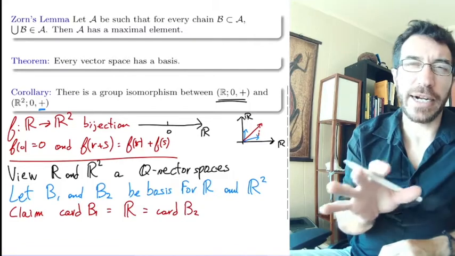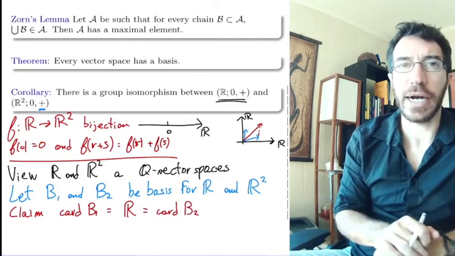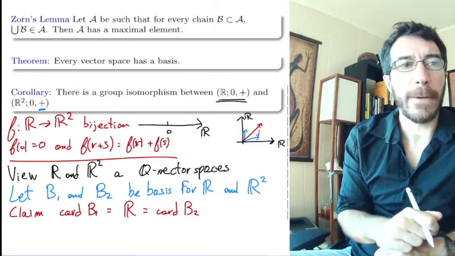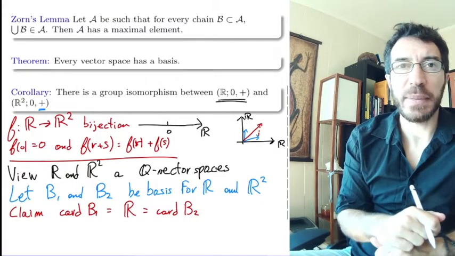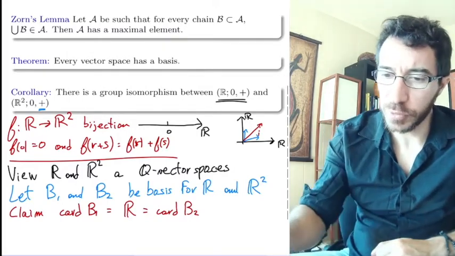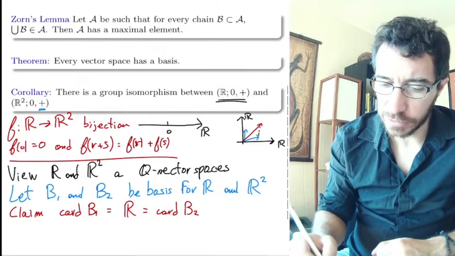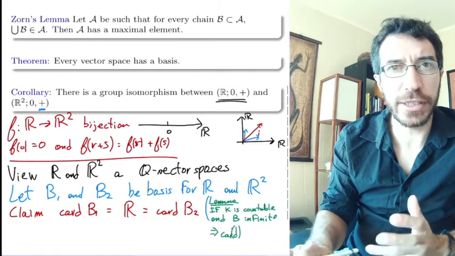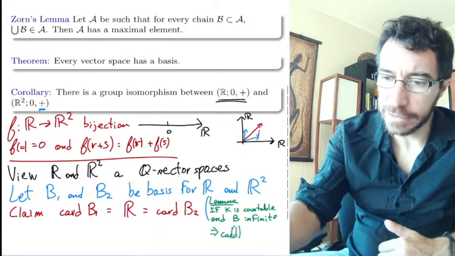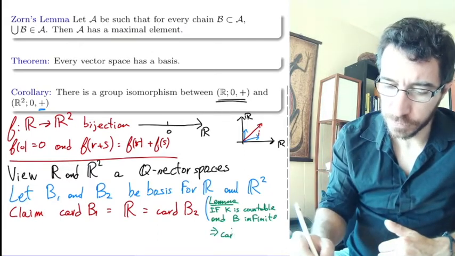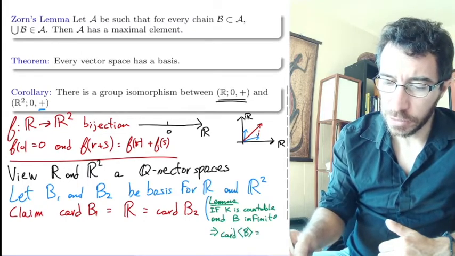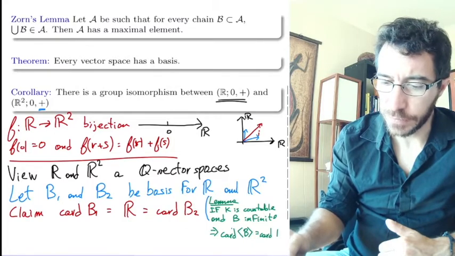Right, so we know that R and R squared have the same cardinality. Actually, we proved that last time. But we're claiming that the bases have the same cardinality. And I guess the lemma that you need to prove here is that if your field is countable and your basis is infinite, then the cardinality of the span of this basis is equal to the cardinality of the basis.